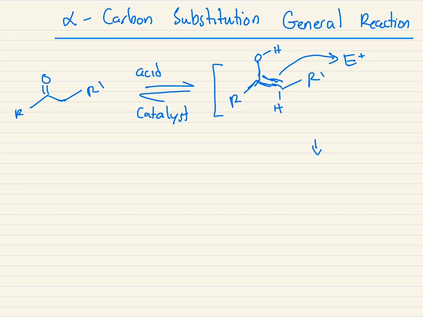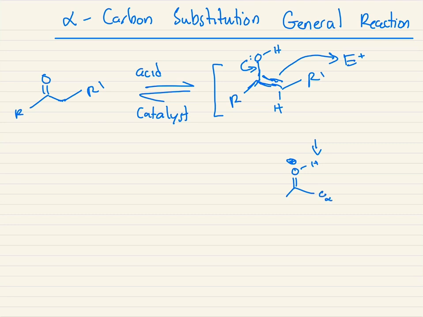And so when we get this attack, we're going to generate a double bond between the oxygen and the carbonyl carbon, so that we don't generate an intermediate carbocation in this reaction here. And so once we have that, we have a protonated carbonyl oxygen, which isn't very stable, which is probably going to be our intermediate step.